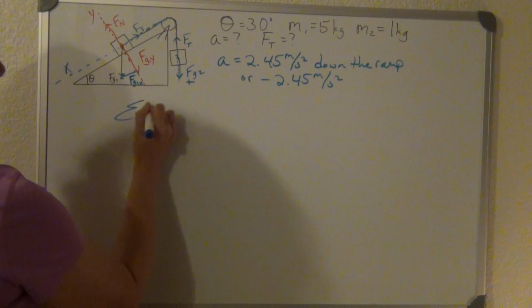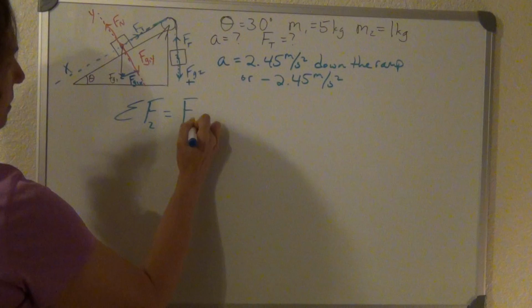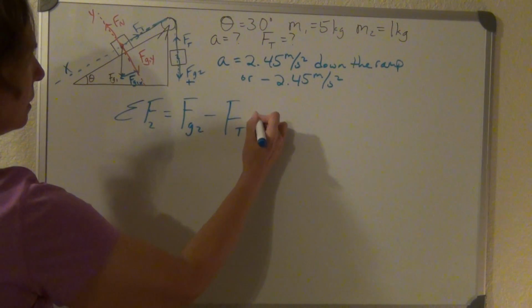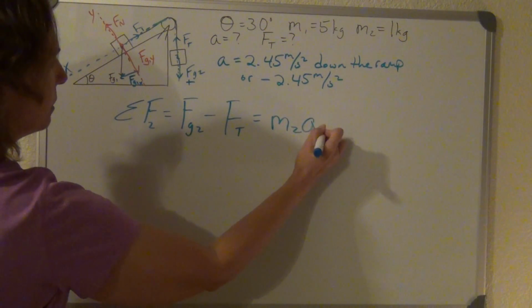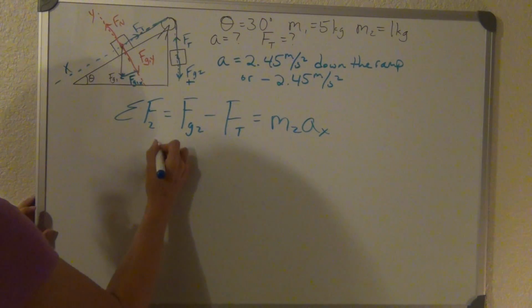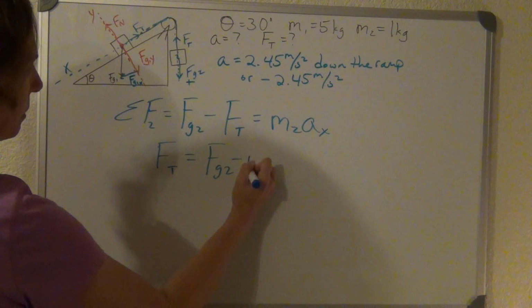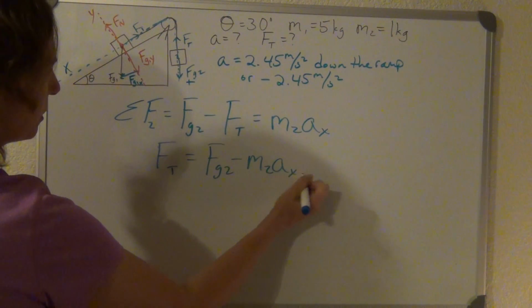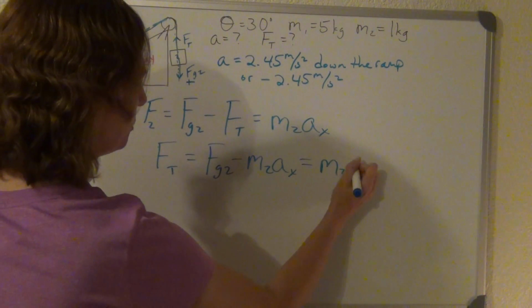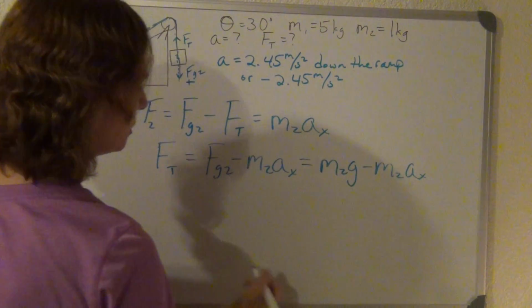Okay, so some forces on mass 2, we have Fg2, still the positive direction, minus Ft equals m2 acceleration in the x direction. Okay, so we'll rearrange, we get force of tension equals Fg2 minus m2 acceleration in the x direction, m2g minus m2 acceleration in the x direction.